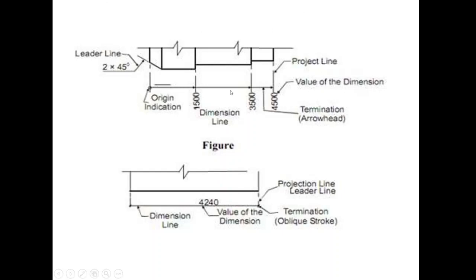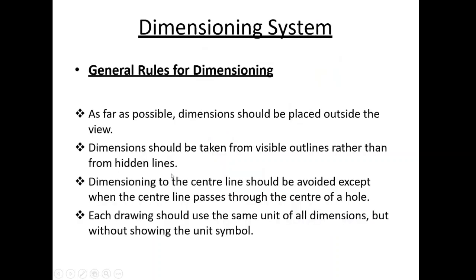For example, this figure shows a view. So these are the dimensions given close to the view. Okay, then the second rule is the dimensions should be taken from the visible outlines rather than from the hidden lines.